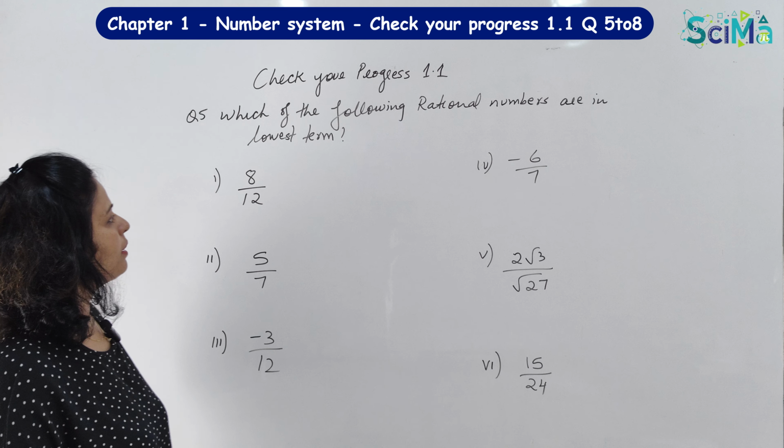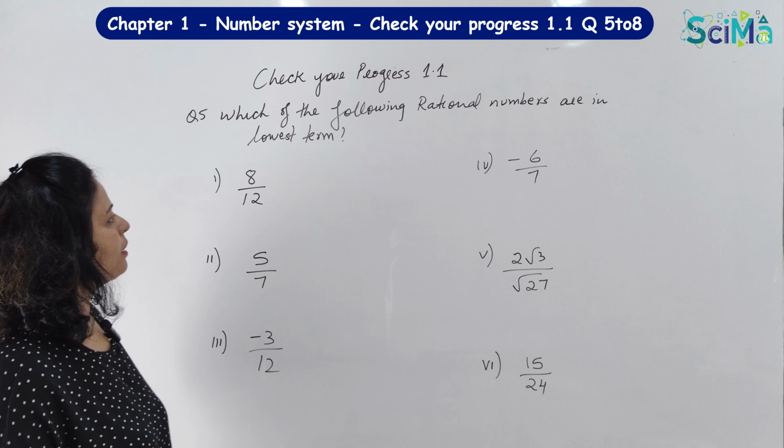Now minus 5 by 6, I will multiply with 3, I will get minus 15 by 18. Then minus 5 by 6, the easy way I told you, you can multiply it with 10, easy to multiply, you will get minus 50 by 60.